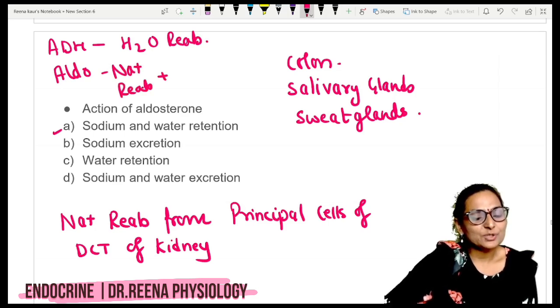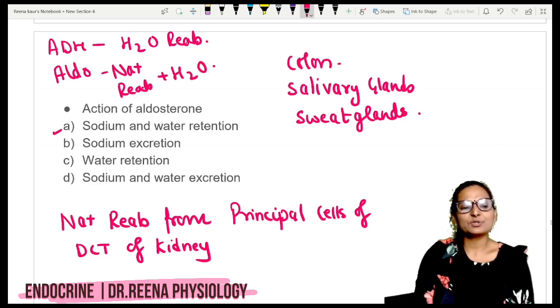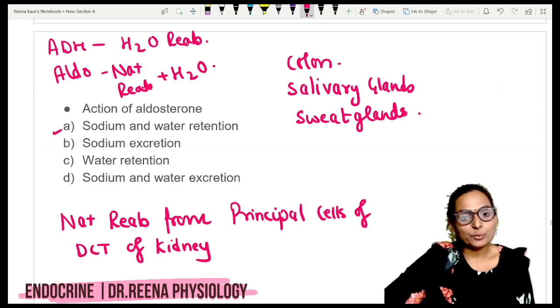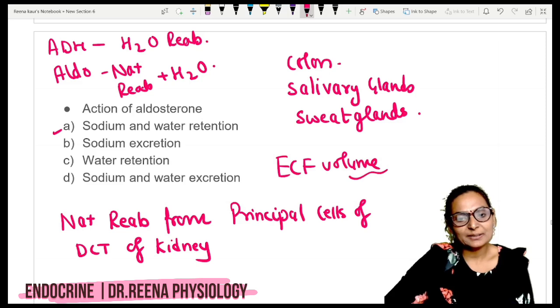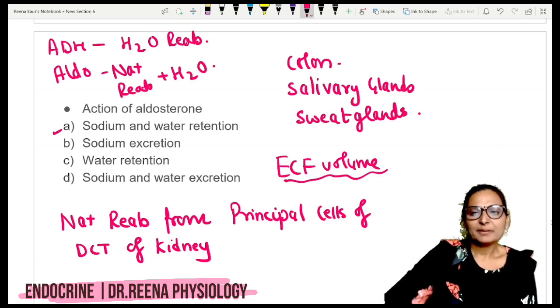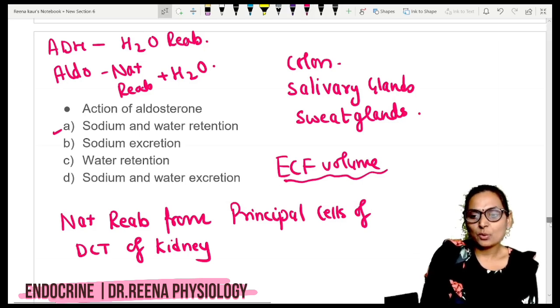Because sodium is reabsorbed, secondarily water is reabsorbed due to the osmotic effect. So it plays a very important role in maintaining your ECF volume. So the main action is sodium reabsorption. As sodium is reabsorbed, water will be along with it. Remember that increase in aldosterone.